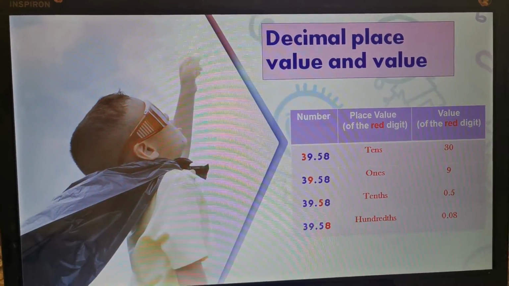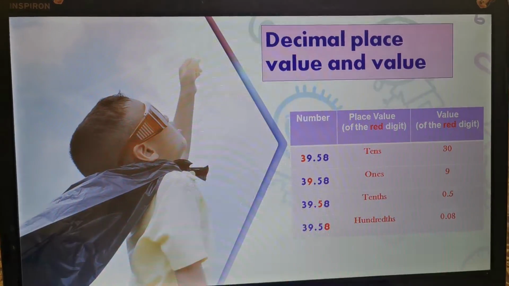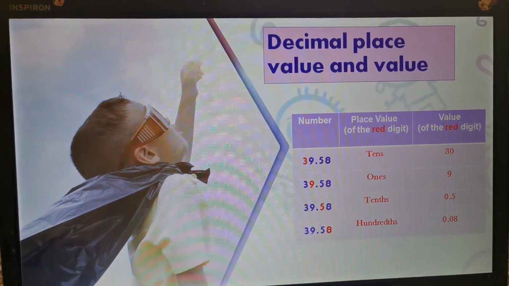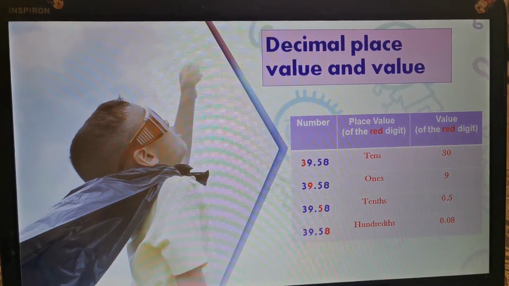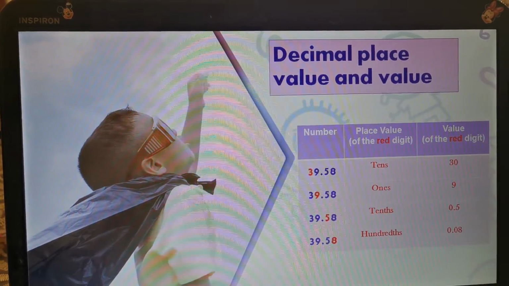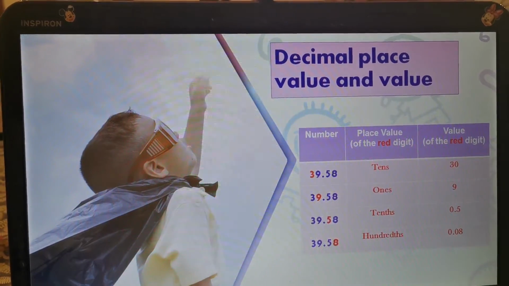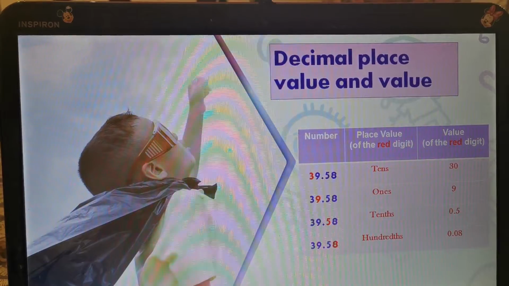So in the first one, 39.58. 3, which is the red digit, it's tens. The place value for it is tens. Why is it tens? Because it's a whole, in the tens place. What's the value for it? 30. You know 30.